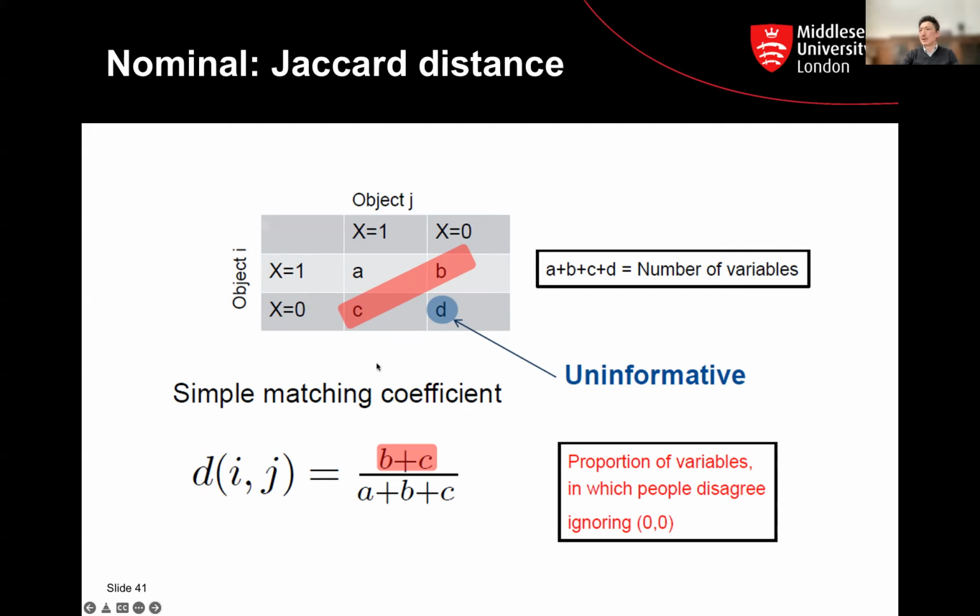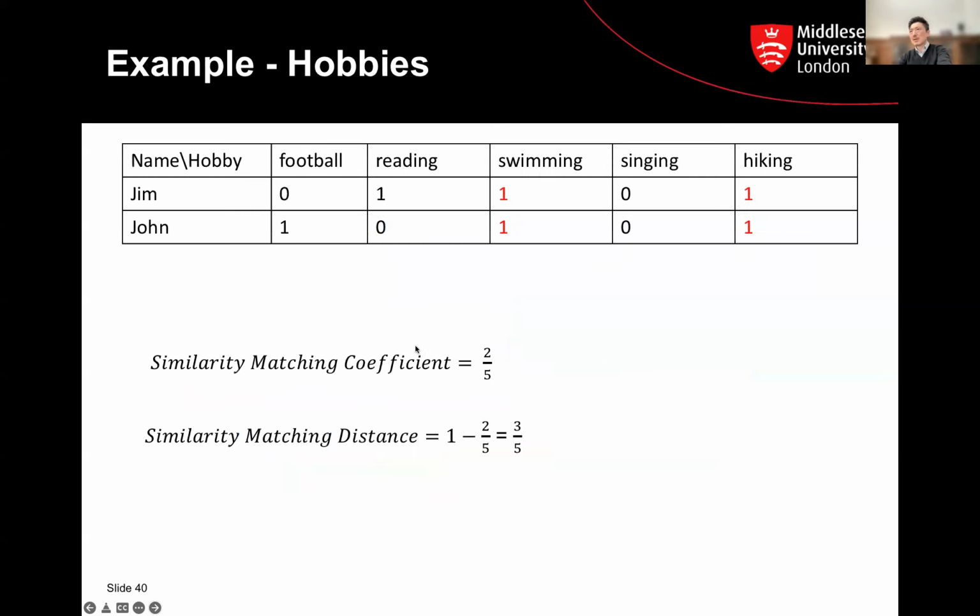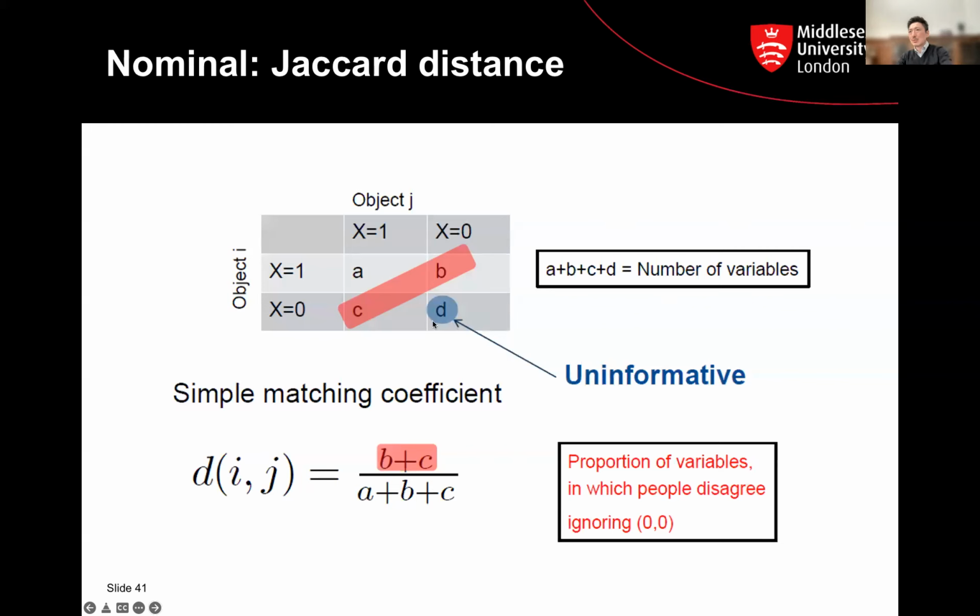Okay, and in this case, B and C are similar, and that is divided by all the possible ones, also including the A, which is dissimilar. And what it ignores is whether they are both negative. So if you look at this one here, we have singing, and both Jim and John don't like singing, but that's not included. That's just by definition. So similarly here, for this one which is negative for both, or 0 for both, it's ignored.